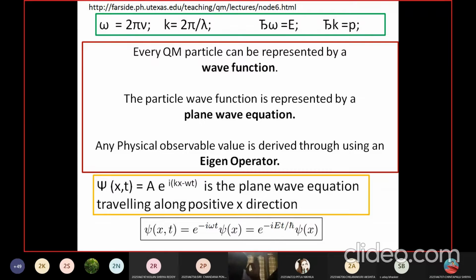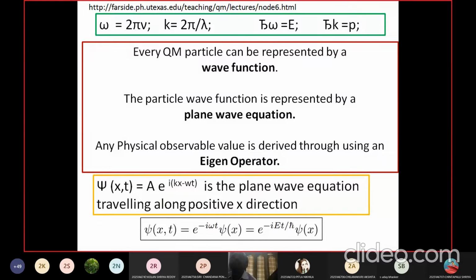An observer can observe the position, the velocity, the kinetic energy, the potential energy, the frequency, or the momentum of the particle, and so on. So all these physical variables are called physical observables.